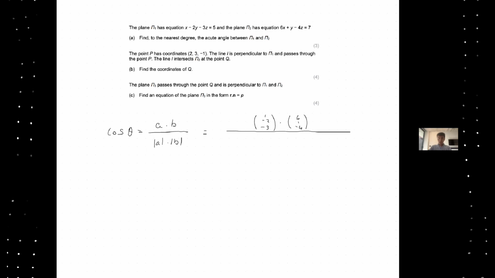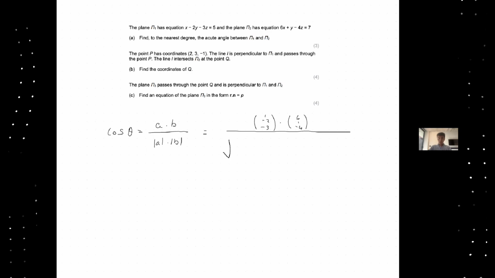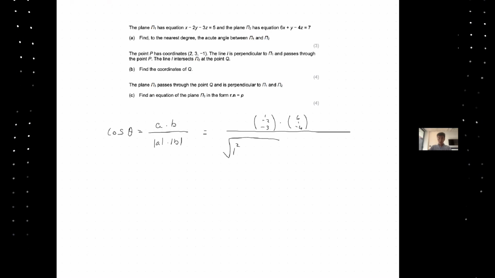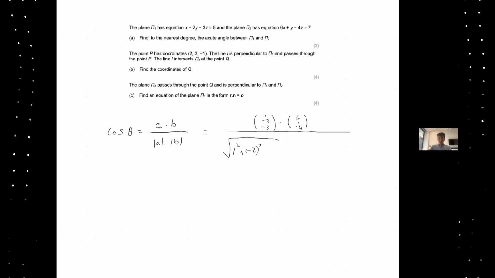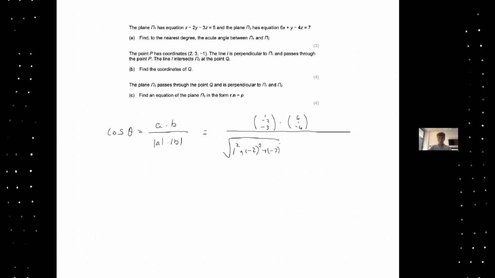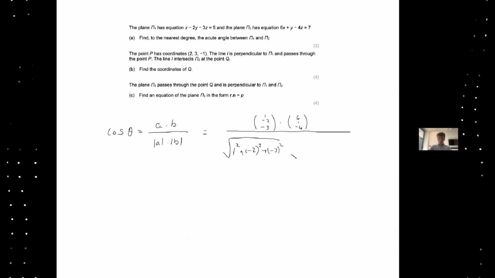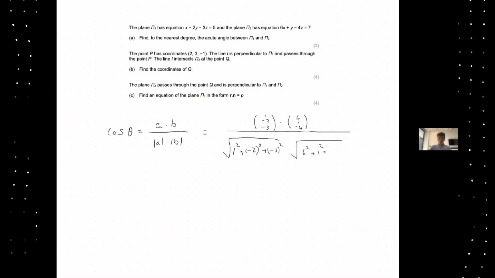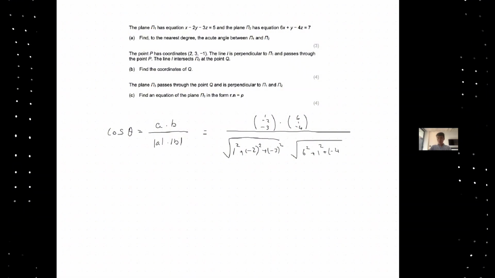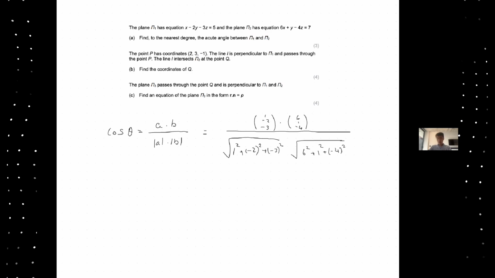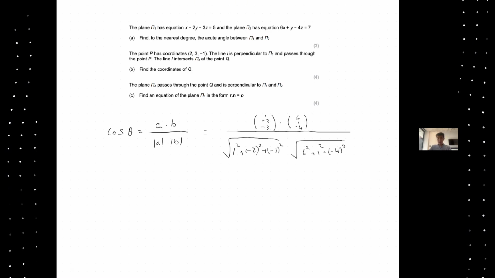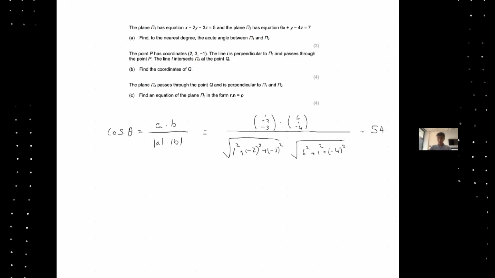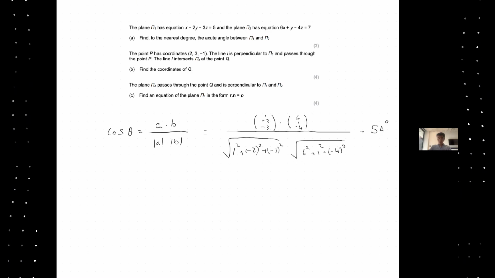To find the magnitude, simply square all the coefficients, add them together, and then square root. Just like that. And from here, just put it in your calculator, and you should get 54 degrees to the nearest degree as required. Nothing too difficult.